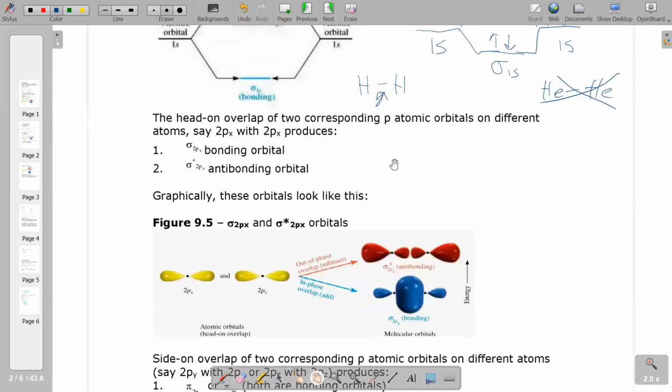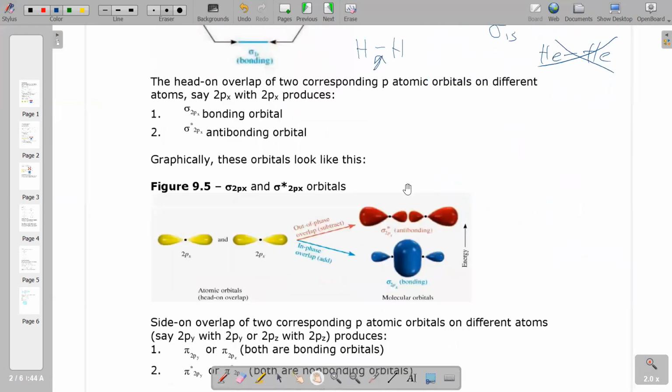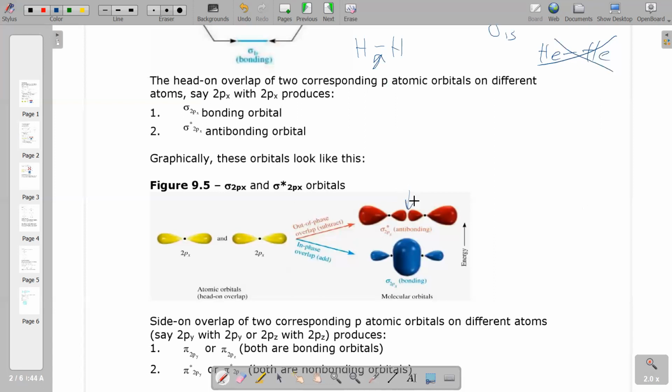You can have head-to-head overlap of the two corresponding p atomic orbitals, say in a 2px. That's generally the one we consider to be a sigma overlap. And you can have an anti-bonding orbital. Again, you've got the node in there and the bonding section between the 2p orbitals, if we have a bond.